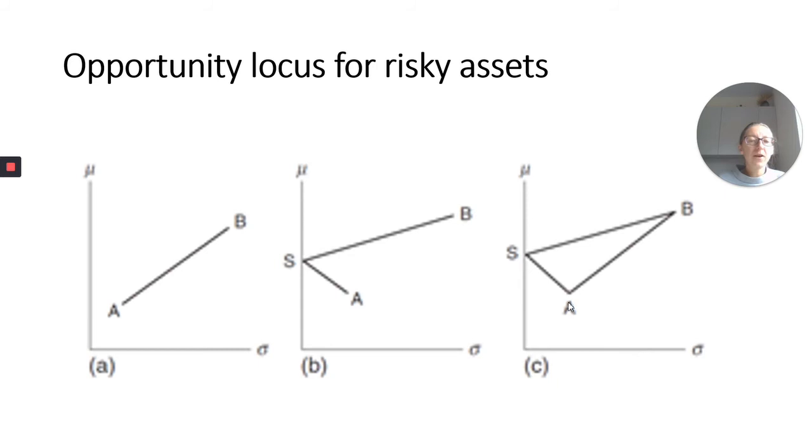So we have this triangle ASB, and the combinations of the portfolios of those two risky assets would be somewhere inside this triangle, depending on the correlation the returns of those two assets have.